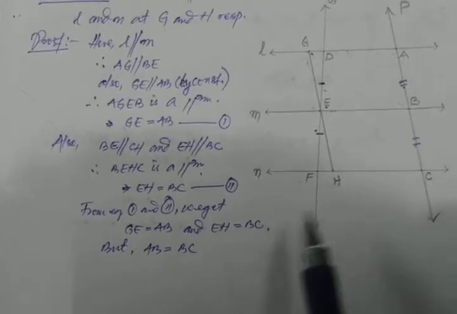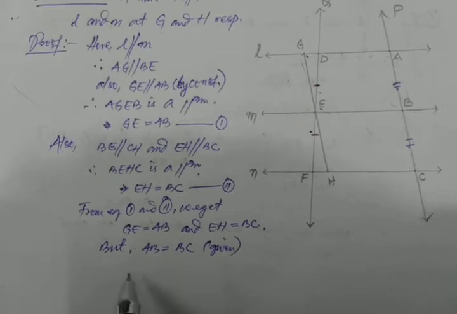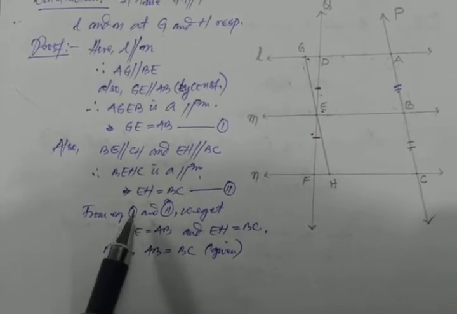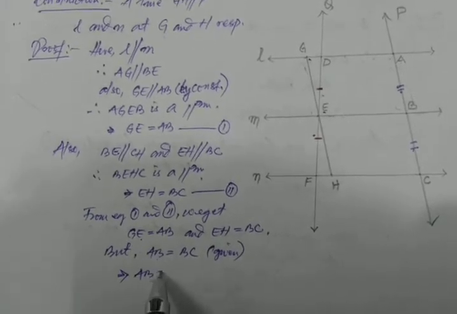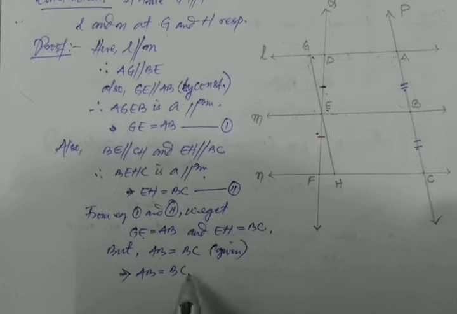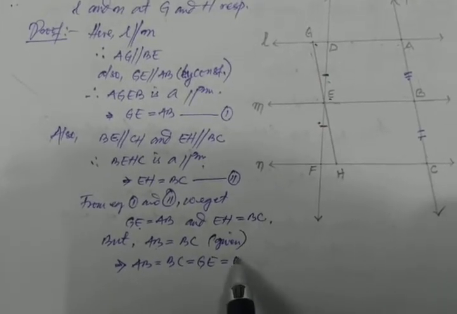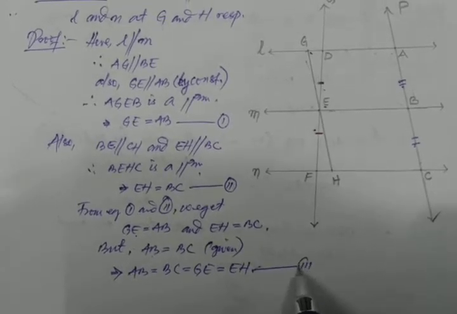This is given. Now if AB equal to BC, here we have AB equal to BC, again equal to GE. Just write them together, and BC equal to EH. Let's call this equation 3.